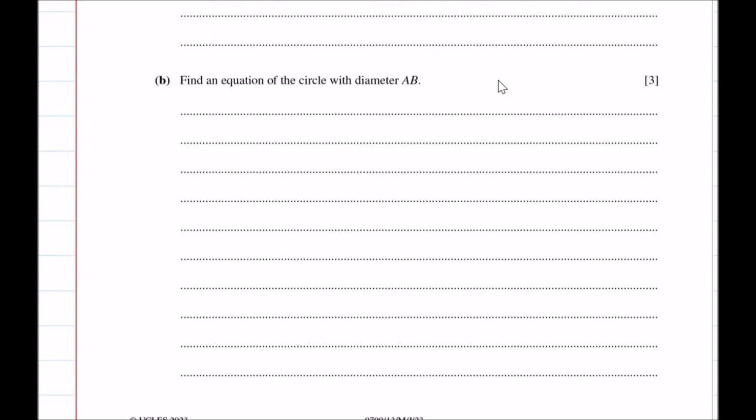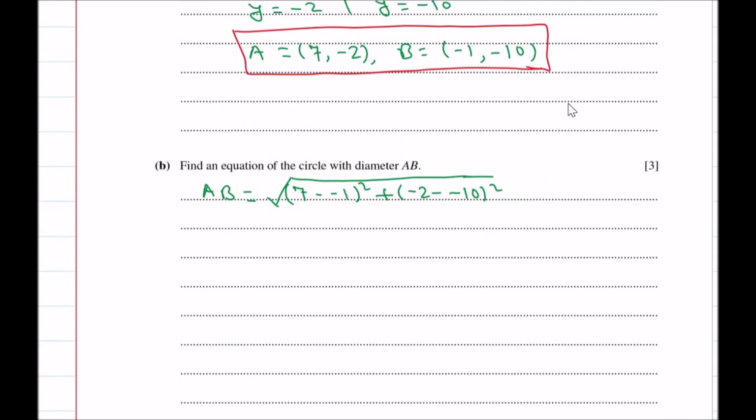So let us find the distance between A and B. So AB is equal to, we know the distance formula, (x1 minus x2) whole square, so we get (7 minus minus 1) whole square plus (y1 minus y2), that is (minus 2 minus minus 10) whole square.